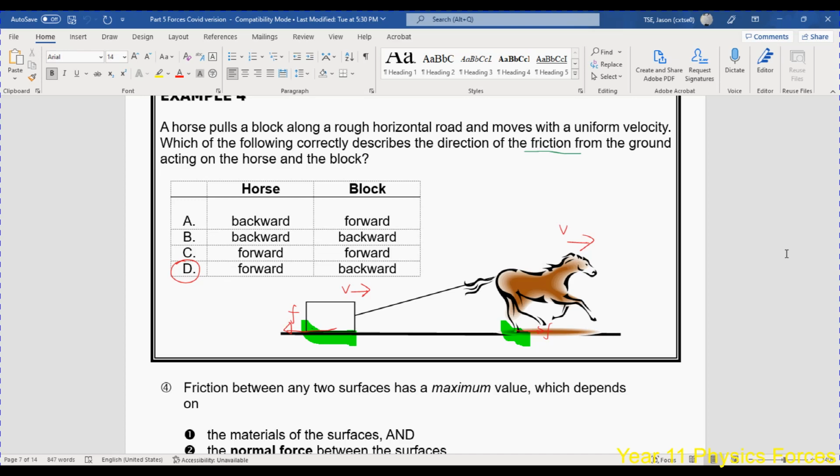When it's running, the horse's legs should be moving backward, and so the friction on the horse is actually to the right. So the friction is helping the horse to run, but it's opposing the block from moving to the right.